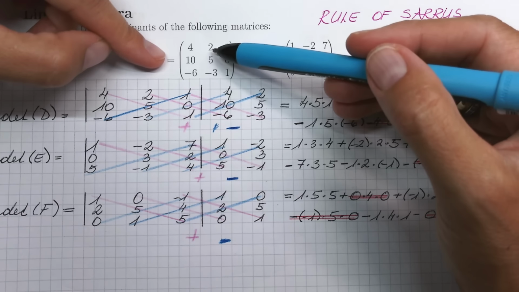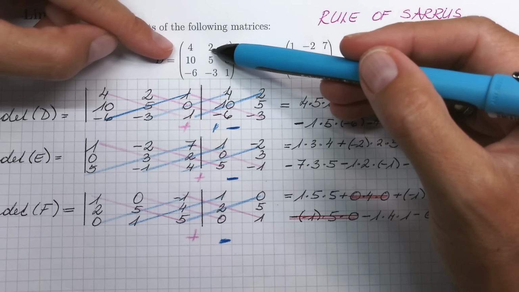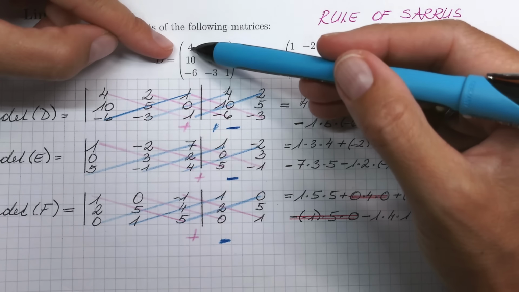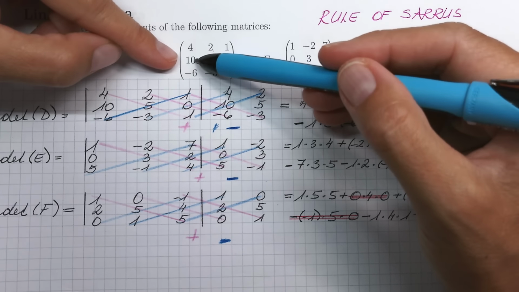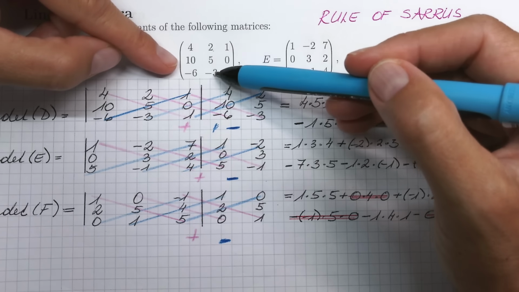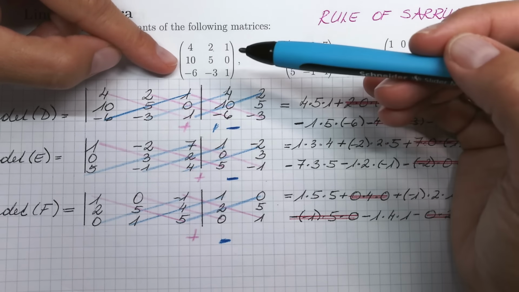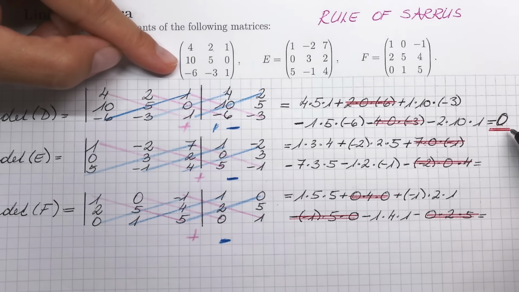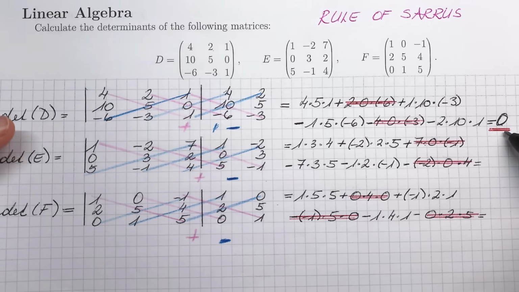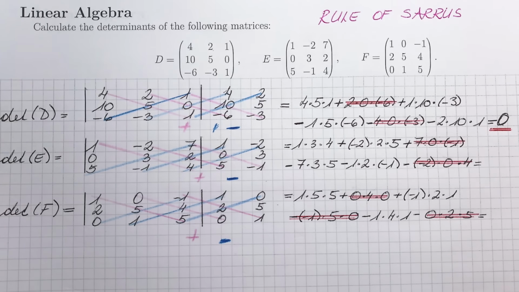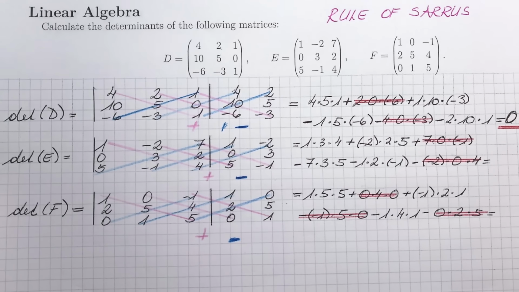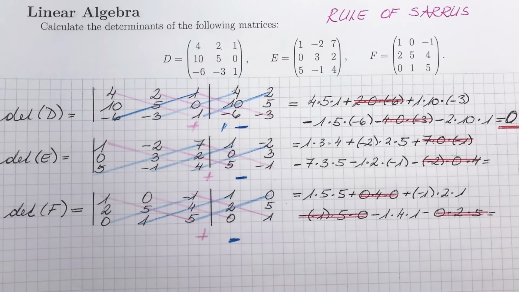Why? If we take the second column and multiply it by 2, we get the first one. 2 by 2 is 4, 5 by 2 is 10, and minus 3 by 2 is minus 6. So these two columns here are linearly dependent, and that's why we get the determinant of 0 here for matrix D, because the column vectors are not independent.